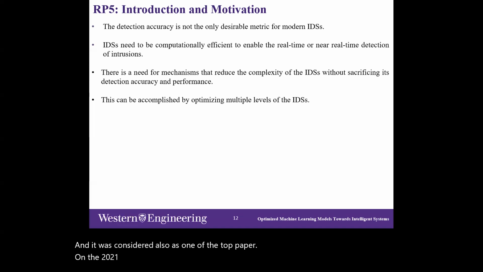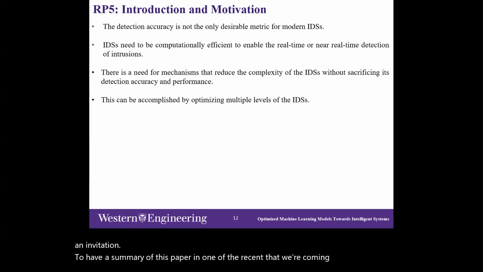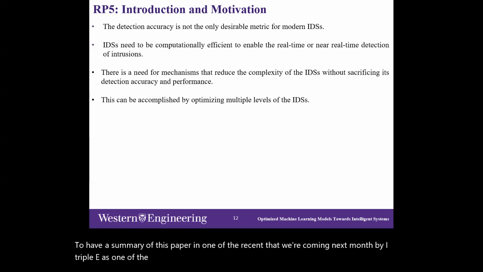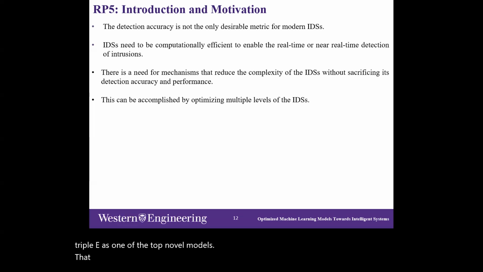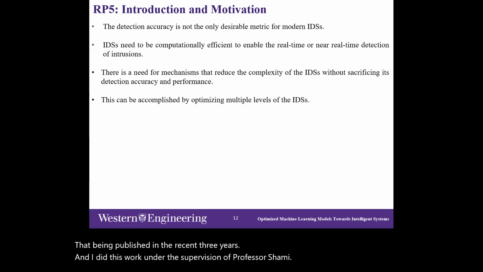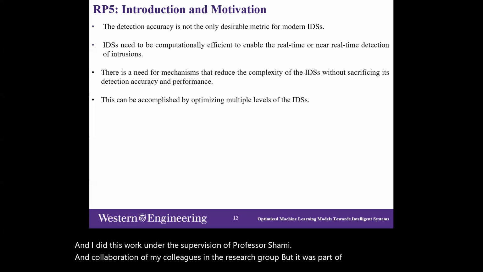Recently we received an invitation to give a summary of this paper, coming next month, by IEEE as one of the top novel models published in the recent 3 years. I did this work under the supervision of Professor Shami and in collaboration with my colleagues in the research group, but it was part of my PhD thesis.